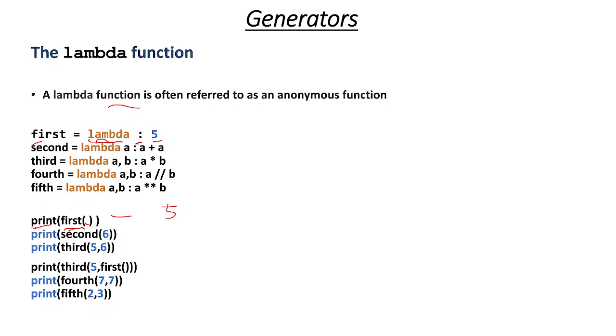Now, in the second example, we have a variable called second to which we will assign our Lambda function, and inside our Lambda function, we have a parameter of a. Then we have a colon, and then a plus a, so we will perform addition. Again, our Lambda function will be assigned to our variable called second. Then inside the print function, we have placed our second variable.